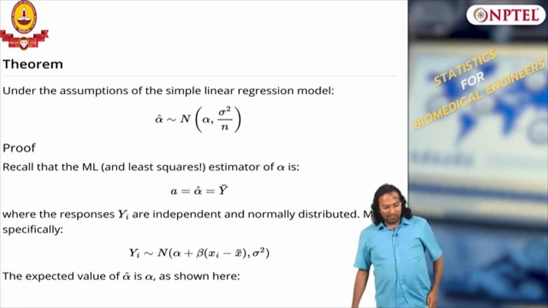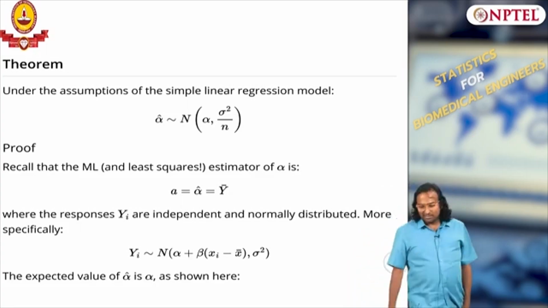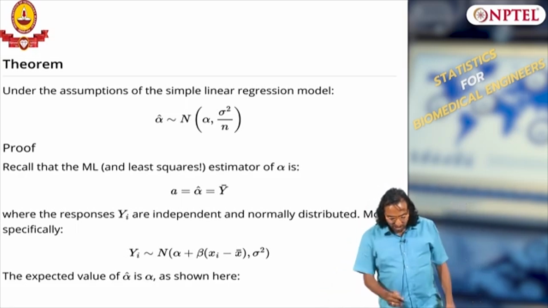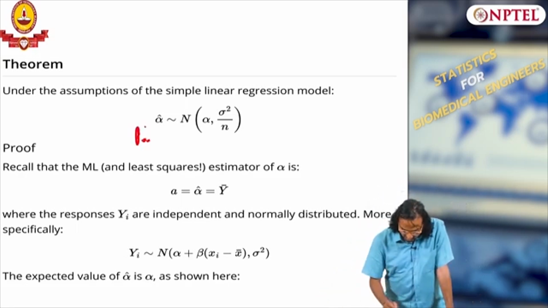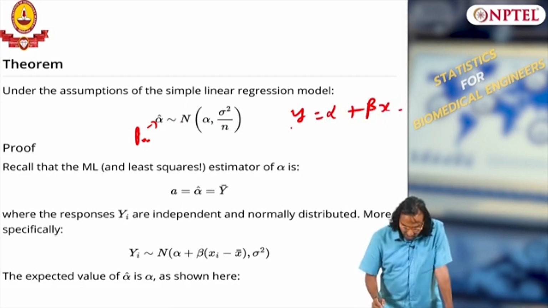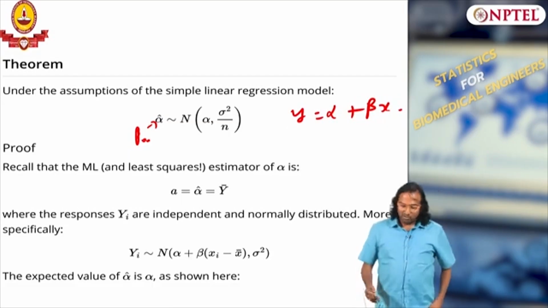So we can actually derive certain things, okay, I am not going to do all of it. So this is my beta naught, or y equals alpha plus beta x model, okay. So this is my alpha.